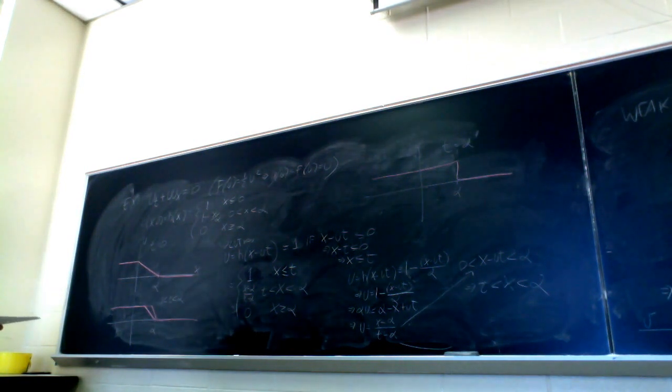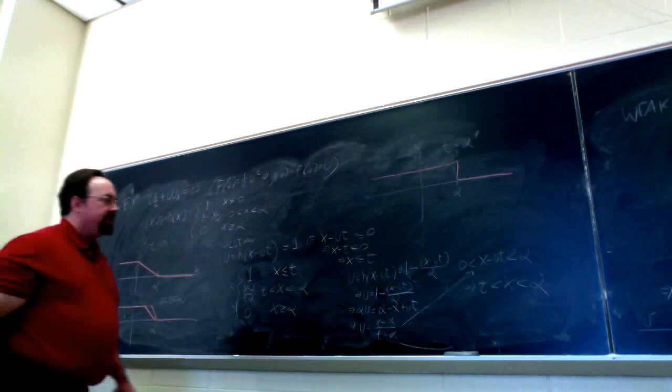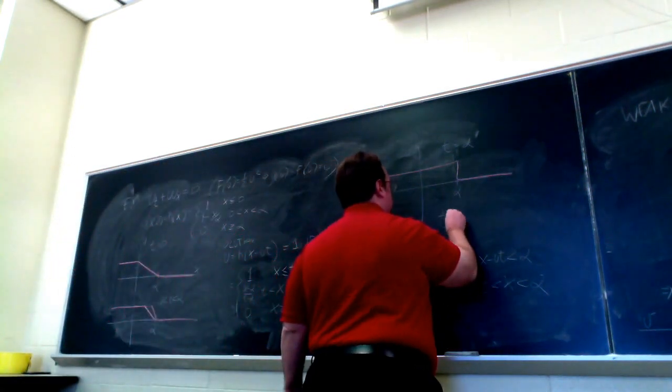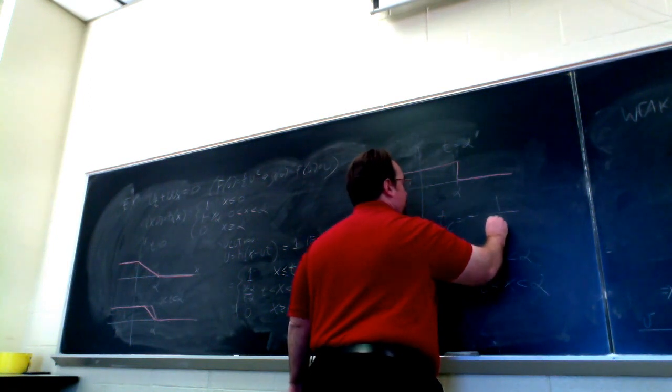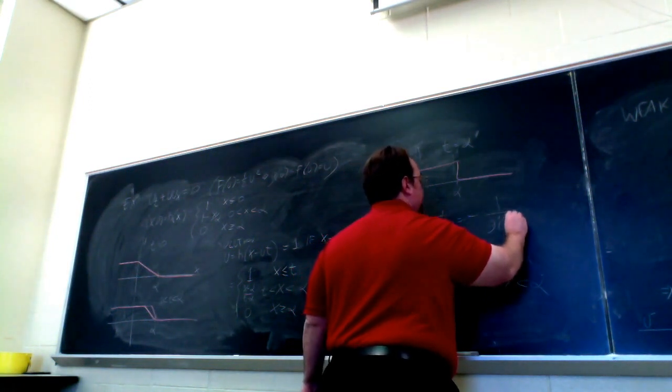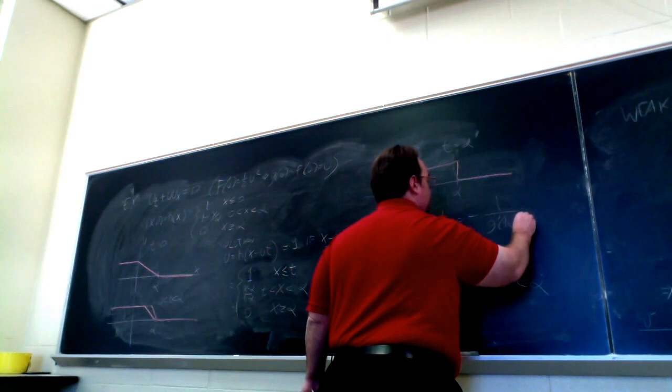Now, actually, the critical time that we had before, the formula for tc is minus 1 over g prime of h of x naught times h prime.